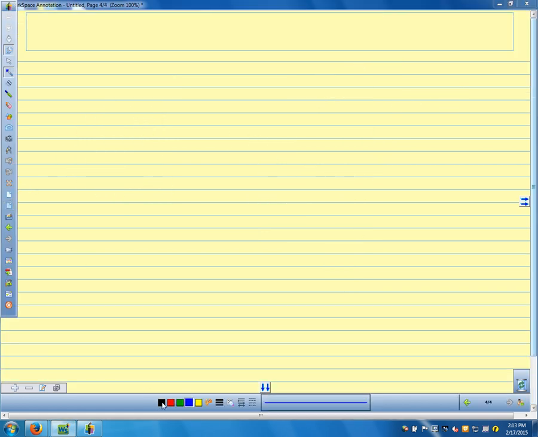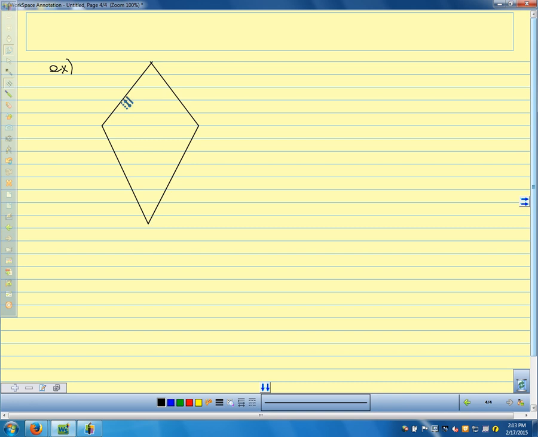Okay. Let's look at a problem that has to do with a kite, and then we'll talk about mid-segments. So here's my kite. And I'm going to say this is 40 degrees.